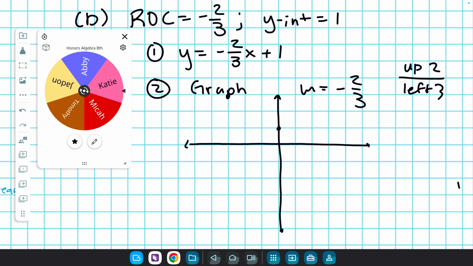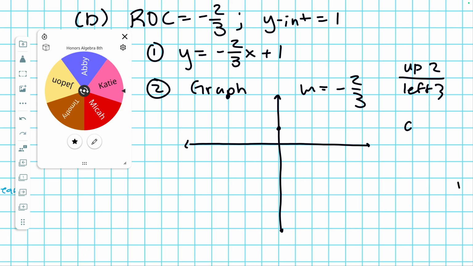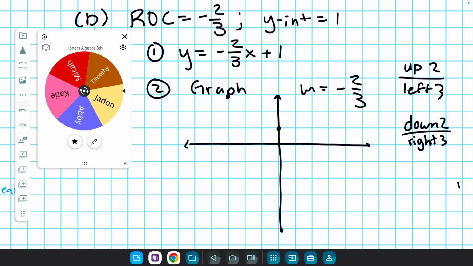Aurelio, what would be the other word combination? Nice. Good job. Timothy, can you show us on the graph?